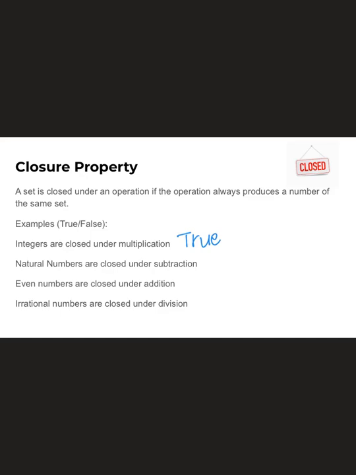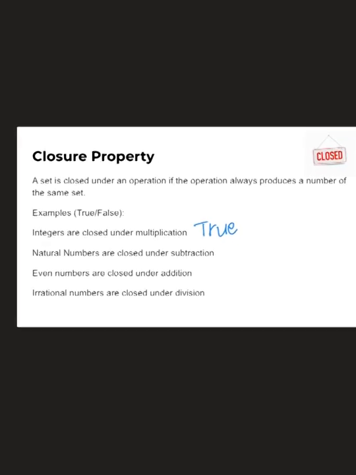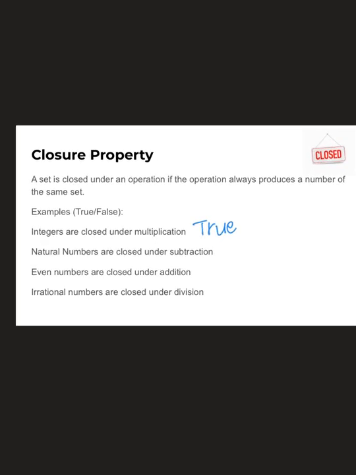Remember, integers can be positive or negative. They can't have decimals. So if you multiply those together, you're going to keep getting an element of the same set. Next one says that natural numbers are closed under subtraction.